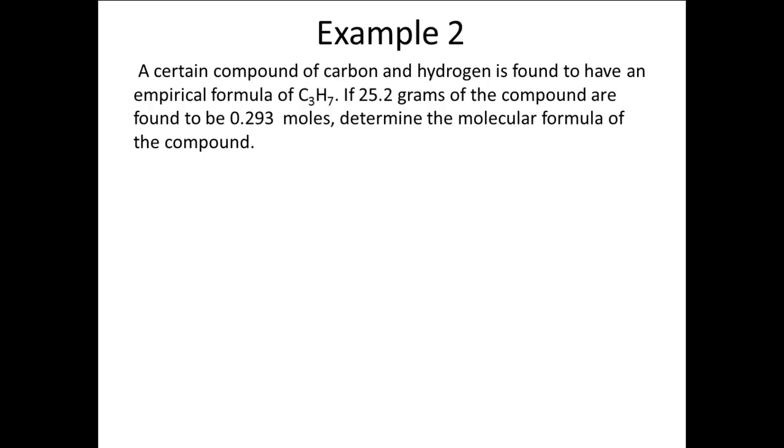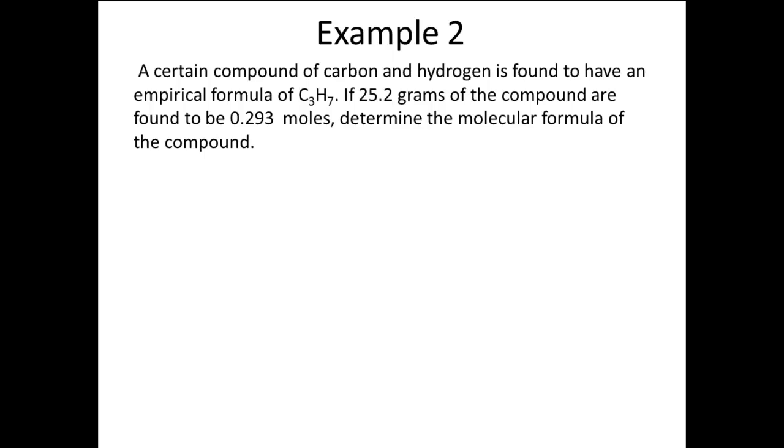Example 2. A certain compound of carbon and hydrogen is found to have an empirical formula of C3H7. If 25.2 grams of the compound are found to be 0.293 moles, determine the molecular formula of the compound.